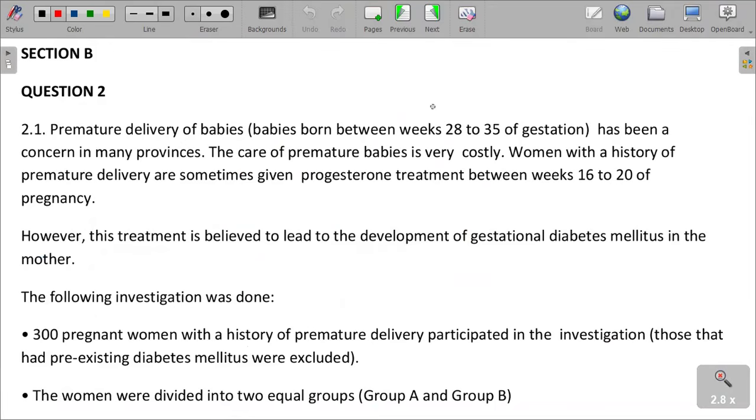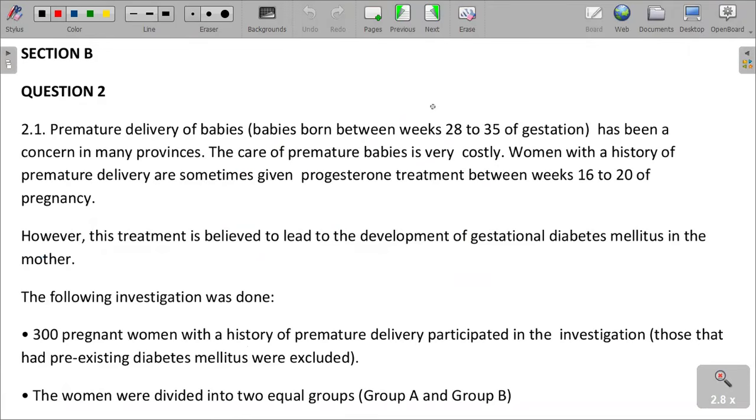We are given that premature delivery is of babies born between weeks 28 to 35 of the gestation period. The period of pregnancy has been a concern in many provinces. The care of premature babies is very expensive. That's very true, it's very costly.